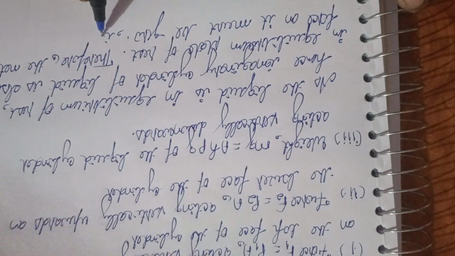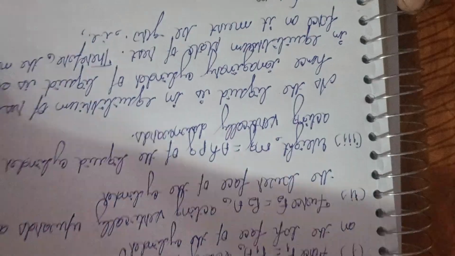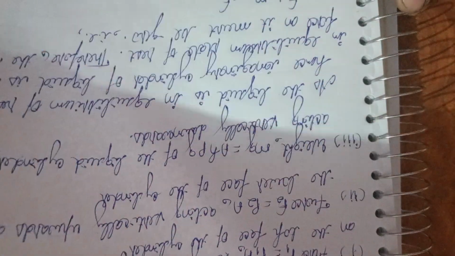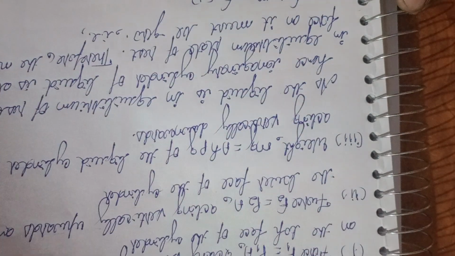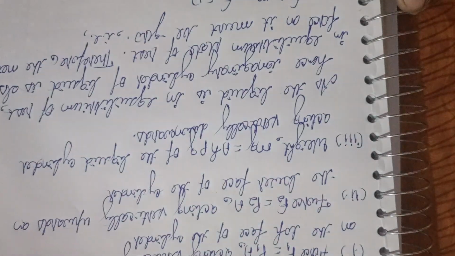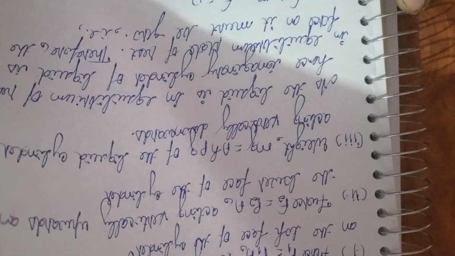F1 plus mg minus F2 is equal to 0. From here, P1A plus AH rho g minus P2A is equal to 0. From here it will become P2 minus P1 is equal to H rho g.